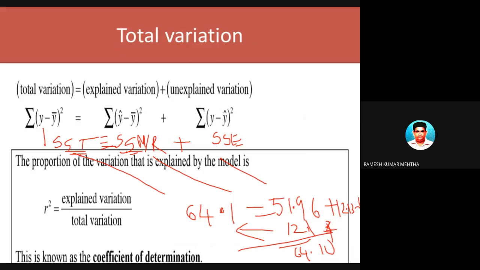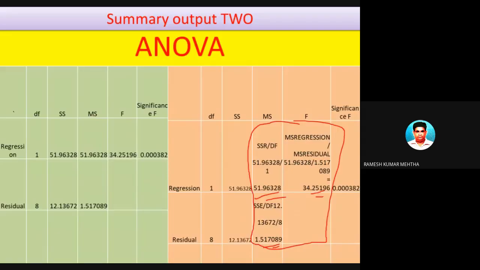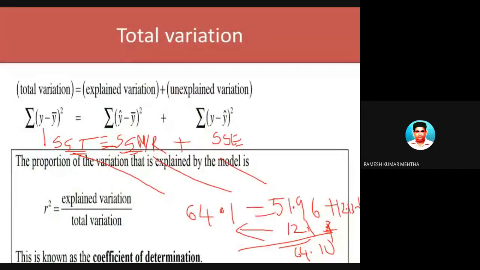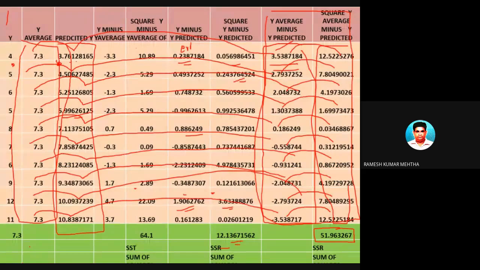Look at this y minus y bar. All these tables are derivations of this equation: y minus y bar whole square is equal to y hat minus y bar whole square plus y minus y hat whole square. That was precisely what I did when I did all these calculations. Please remember this.